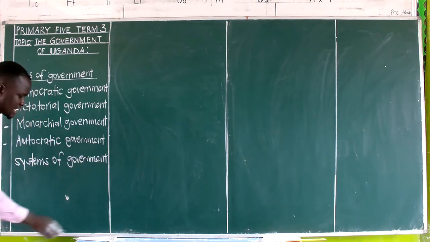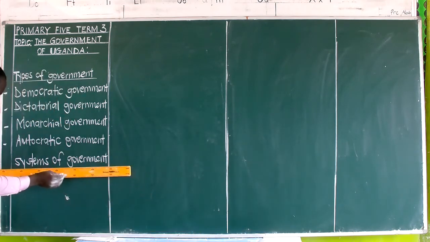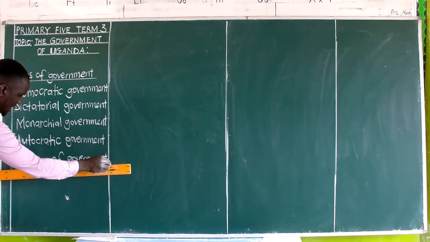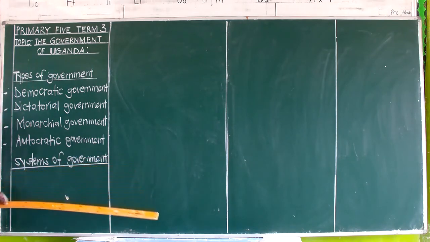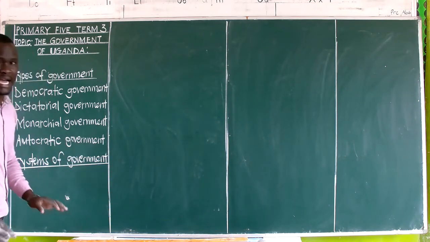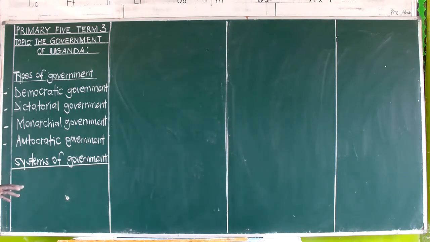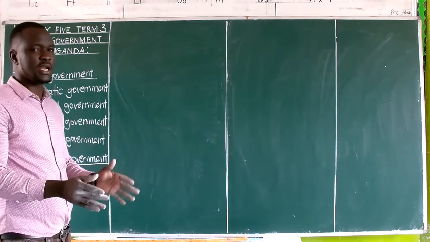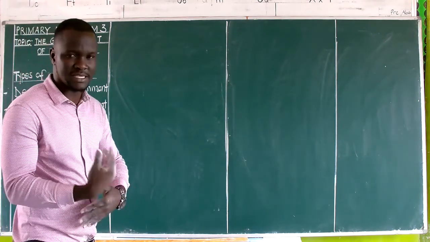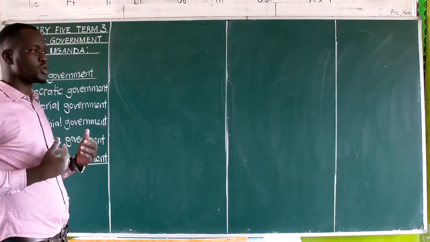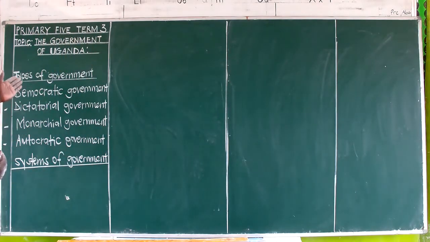Now, these things are going to become a little bit of a challenge to us if we are not following them well. We began with labels of government, whereby we talked of the local government, the central government. Now we went to the types of government. We have them here. Now we are going to the systems. The systems, we are going to have 3 of them. Mainly we have 2.